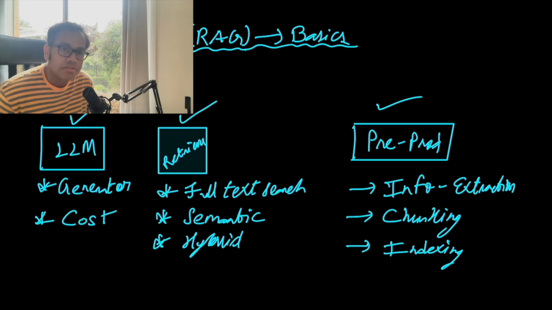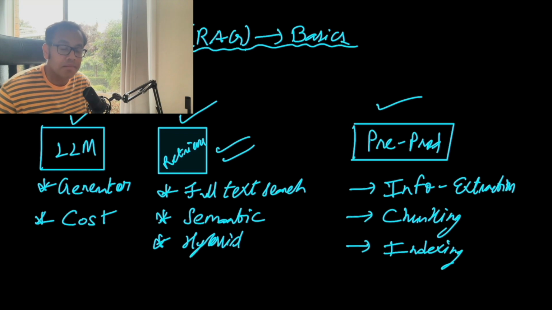There might be some use cases where, when you delve deeper into it, a large language model might be just there to give a good user experience, and most of the good work is essentially happening from the retriever. So you might want to find a large language model which is really optimized on cost and can really convert the knowledge that it receives from the retriever into a more digestible form for the user.